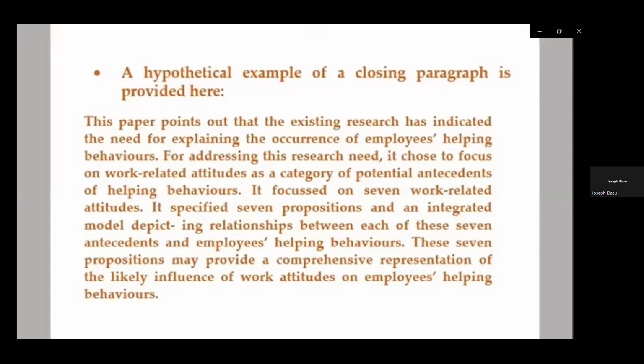It specified 7 propositions and an integrated model depicting the relationship between each of these 7 antecedents and employees helping behaviors. These 7 propositions may provide a comprehensive representation of the likely influence of work attitudes on employees helping behaviors. So, ladies and gentlemen, that's an example of the concluding paragraph in your conceptual paper.